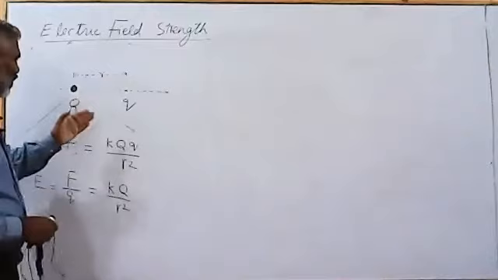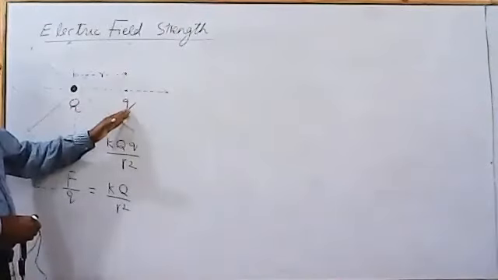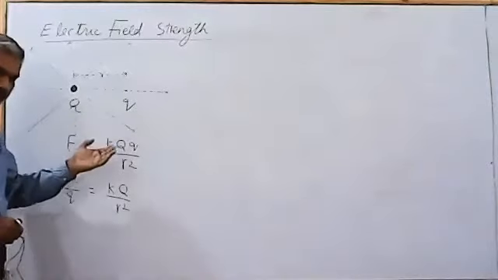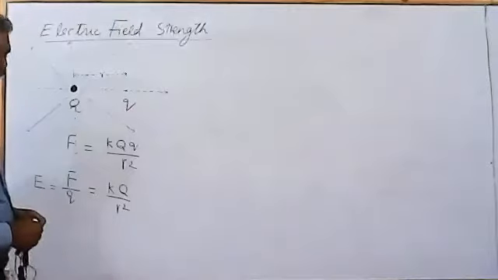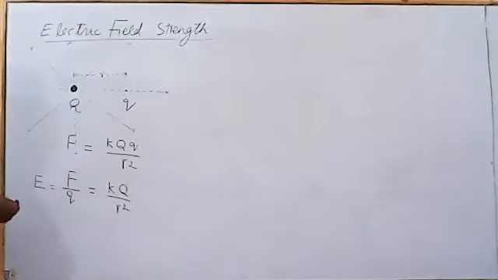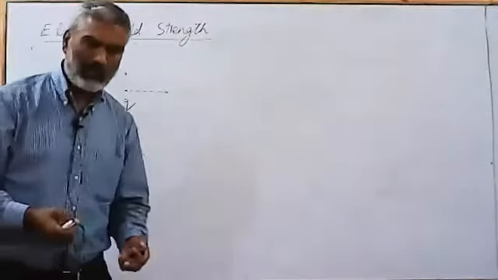This charge is sometimes referred to as the source charge, and any charge that I bring in its field to test its strength is known as the test charge. F over q is simply the definition of electric field strength: force per unit positive charge.